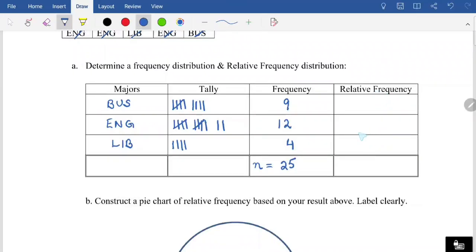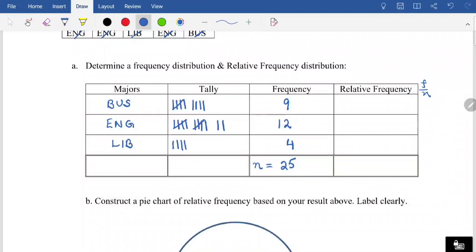To find the relative frequencies, remember it's a formula. We have to use f over n. So f, the frequency values, go in the numerator, and n, which is 25, goes in the denominator. Do the division.